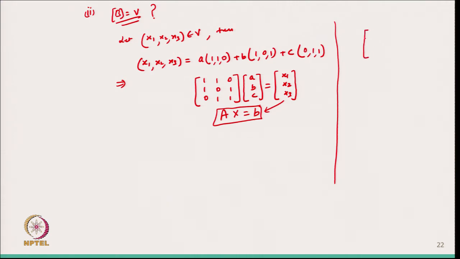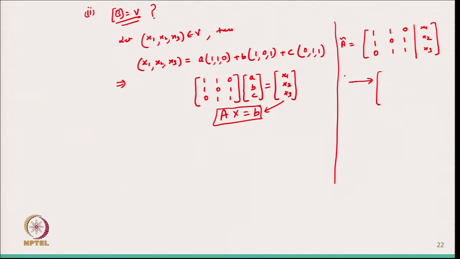So, now I can write its augmented matrix: 1 1 0, 1 0 1, 0 1 1, with x1 x2 x3. This is my augmented matrix, and then I will reduce it to row echelon form, as we have done in checking whether this is linearly independent or not.